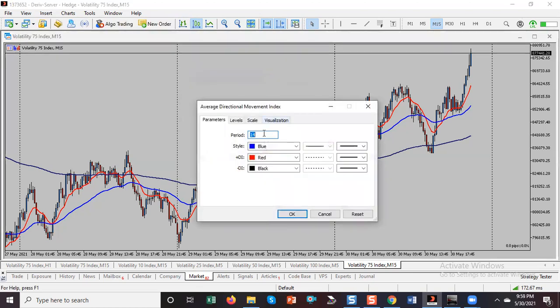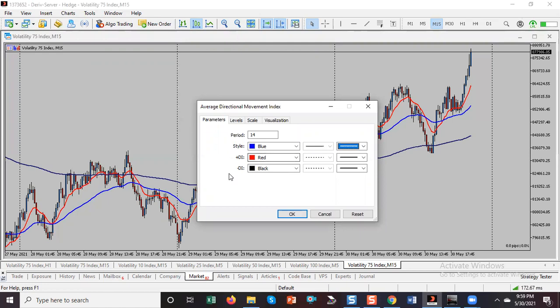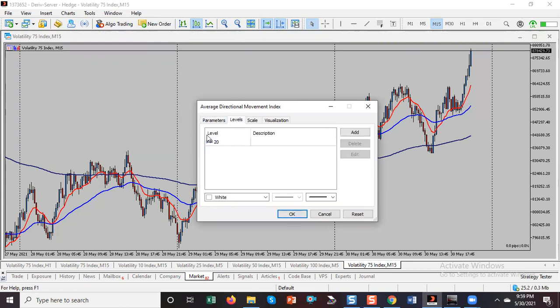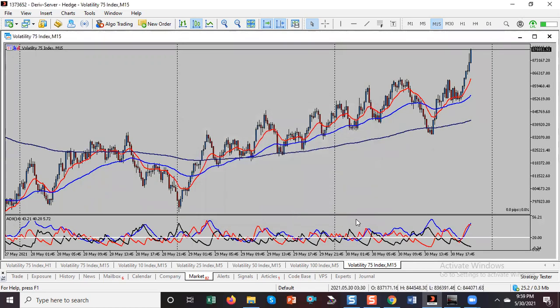For the settings, the period is 14. For the style, make this one blue and increase the width. Then your plus DI is going to be red, and minus DI is going to be black. And for the levels, we're going to be using 20. Click OK. So we have all our indicators in place.